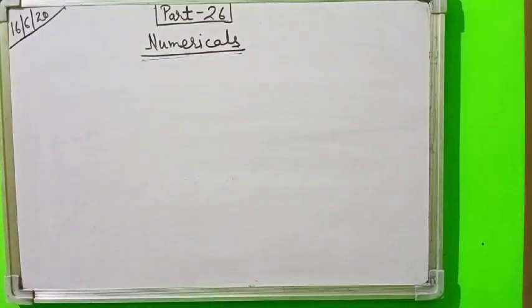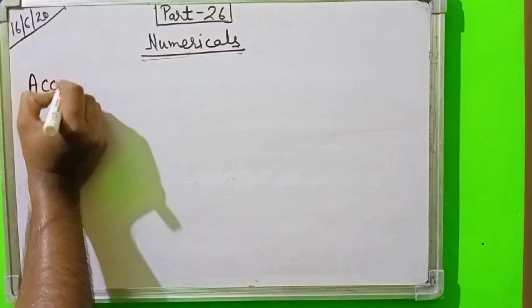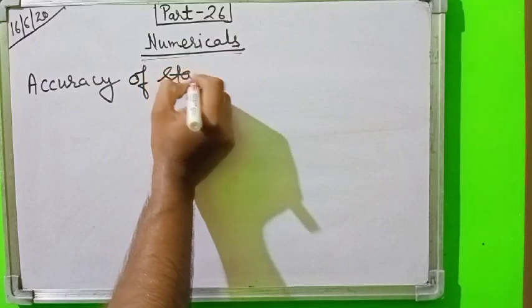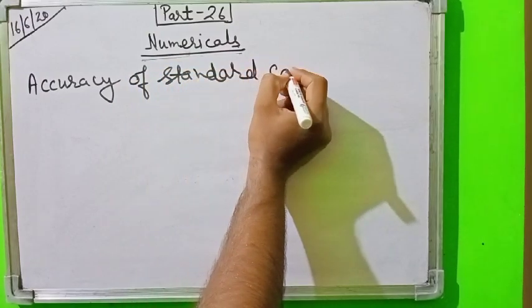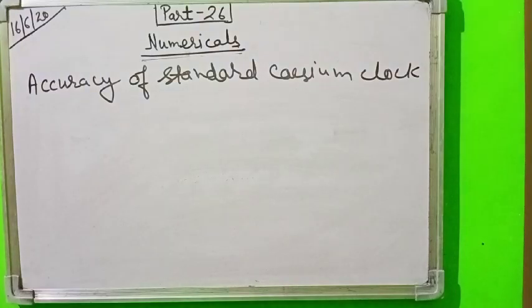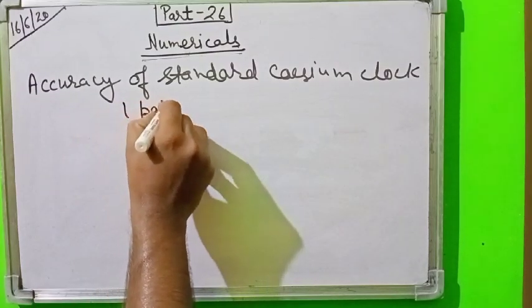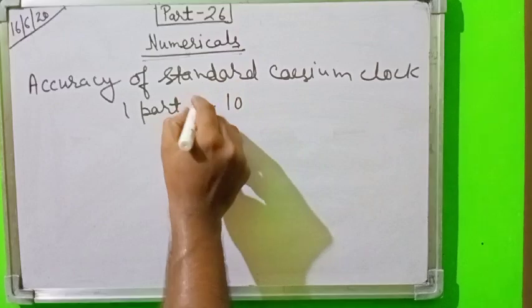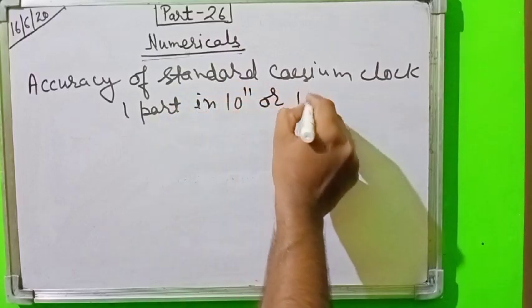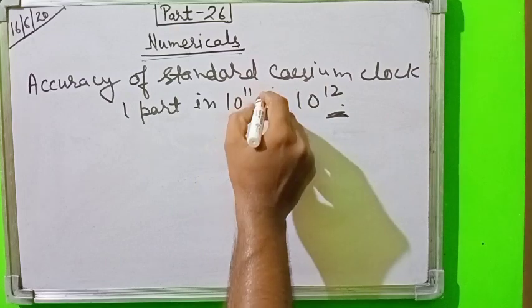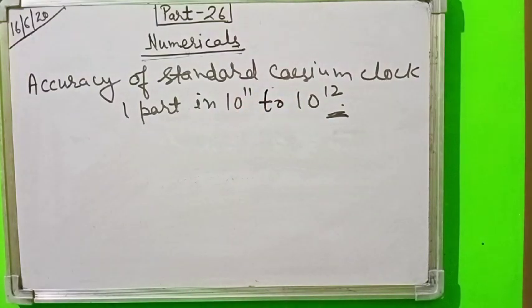Accuracy of a standard cesium clock is one part in 10 to the power 11 to 10 to the power 12.